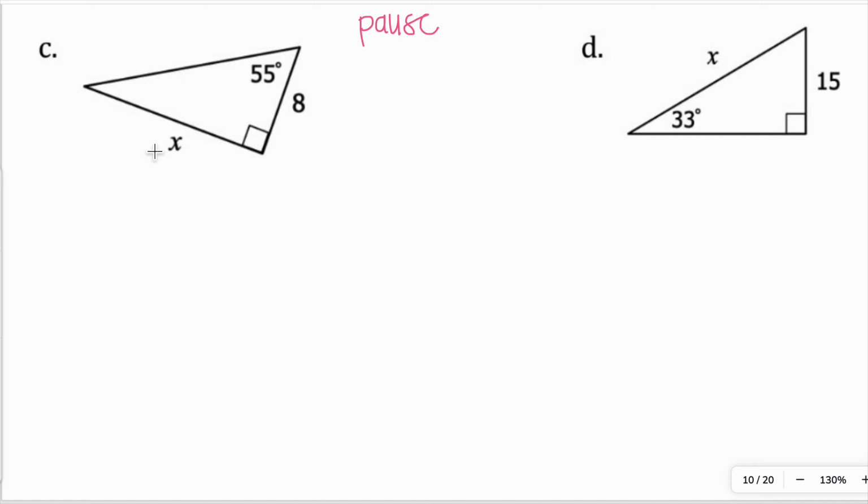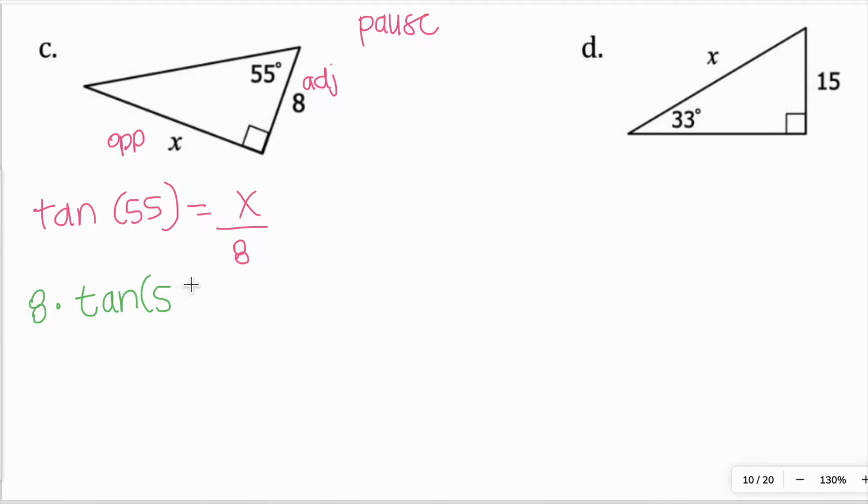All right, letter X is what we're looking for, but I'm given my 55-degree angle, we have the opposite from 55 degrees and adjacent, so that's none other than tangent ratio. So tangent of 55 is equal to x over 8. So I'm going to multiply both sides by 8, so really 8 times the tangent of 55 can give me my letter x.